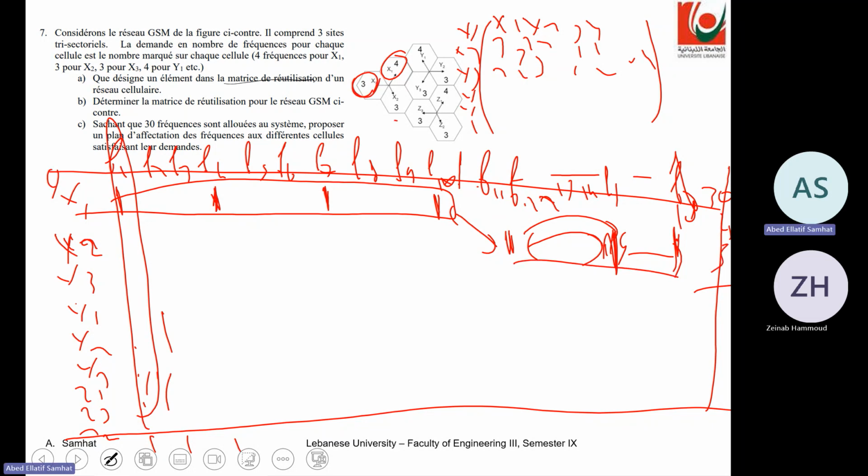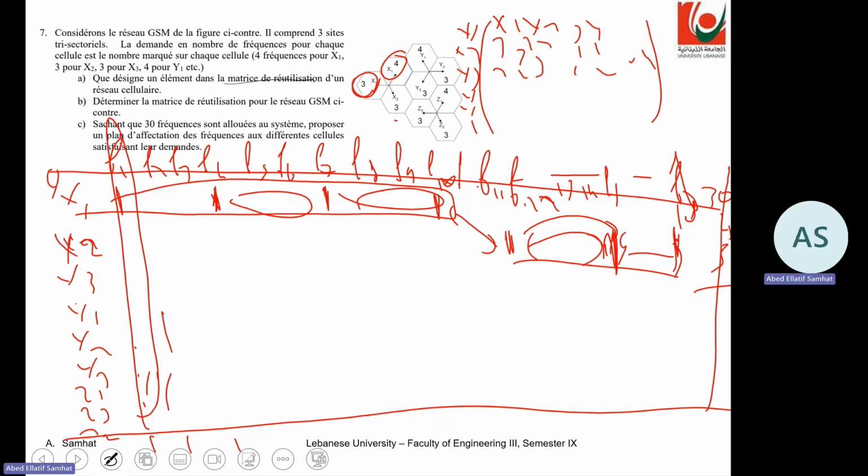And we should respect that within the same cell, the gap between the frequencies is at least 3, and between two cells on the same side, at least 2, and at least 1 between the other frequencies. So I will let you complete this table.